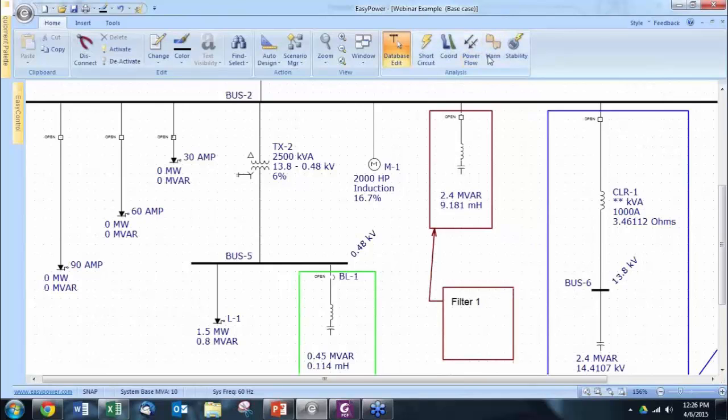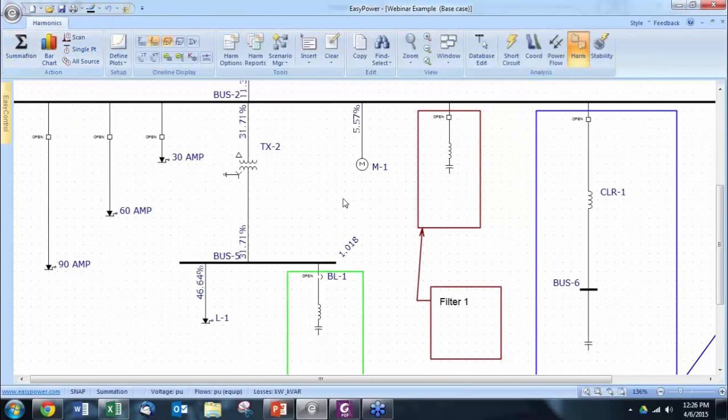So when I go again into my focus and I enable the filter, check this out. This voltage, which is the root sum squared of the voltage. Because I have very little harmonics in my system, the voltage rise due to harmonics is low. But when I start injecting harmonic current into the system, the harmonic voltage goes up.